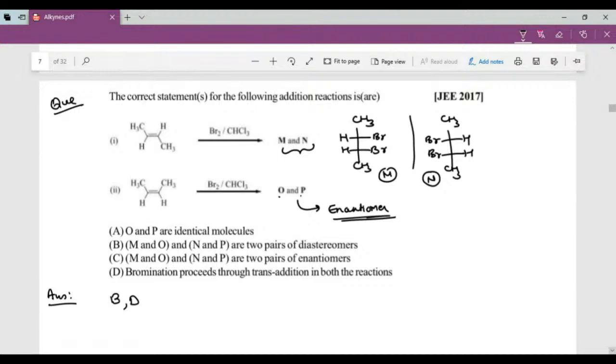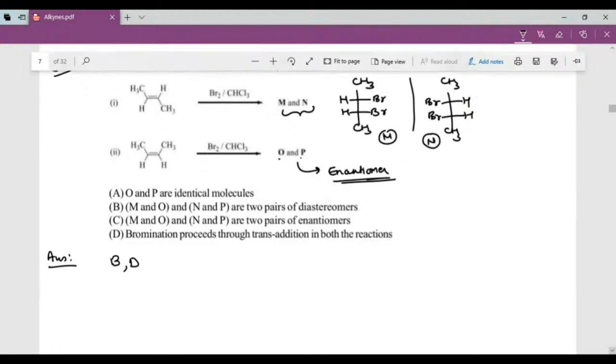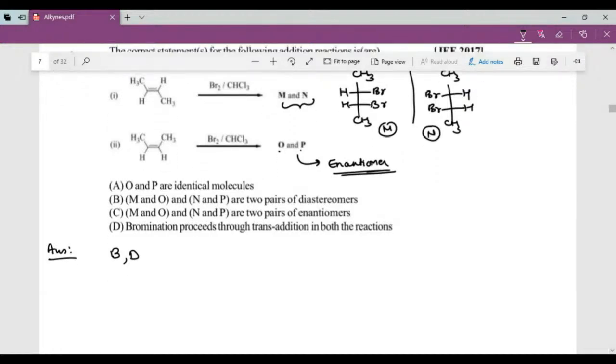Okay. In 2003, in between, similar things were also asked, but different, like NOCl addition and others. So O and P are identical molecules. That is false because they are enantiomers. M and O, and N and P are 2 pairs of diastereomers. Okay, M to O and N to P. Yes, certainly they are 2 pairs of diastereomers.